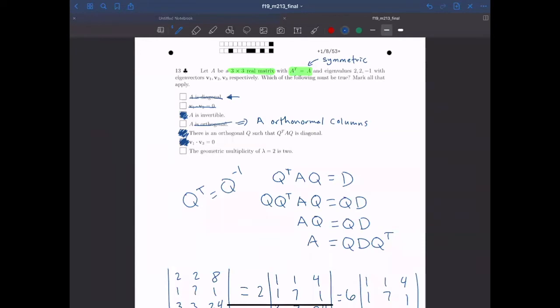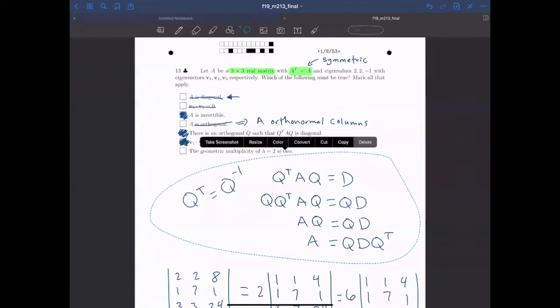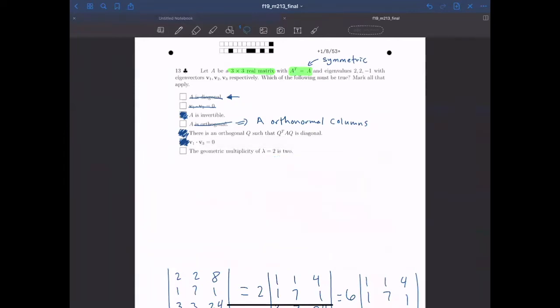And the last one is the geometric multiplicity of lambda equals 2 is 2. Why does that one have to be true or false? It doesn't have to be true because v1 and v2, like we said earlier, could be the same vector.